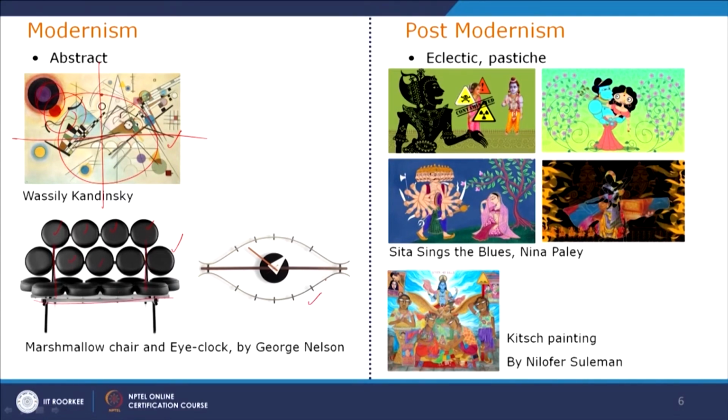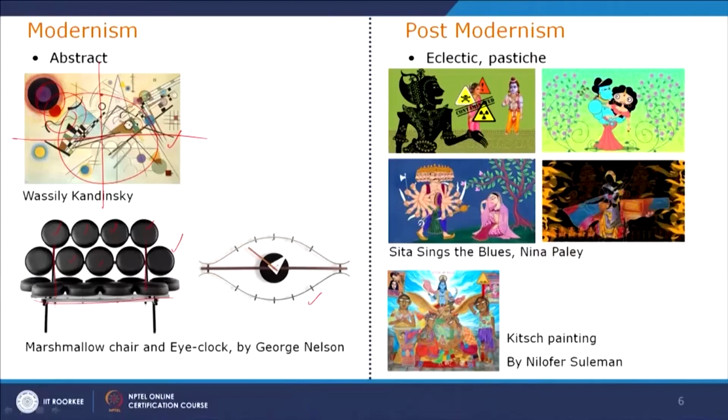This is the eye clock by George Nelson, and we have discussed George Nelson's impact in the internationalist and late modern movement in furniture design. If you look at this, it gives an abstract form of an eye.